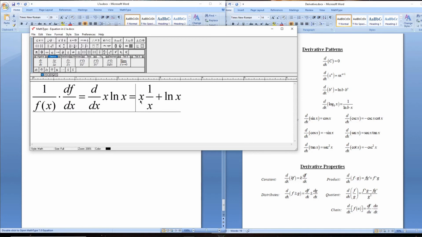That's the derivative of x log x. And notice here that x divided by x divide out, so that's 1. That's the derivative.